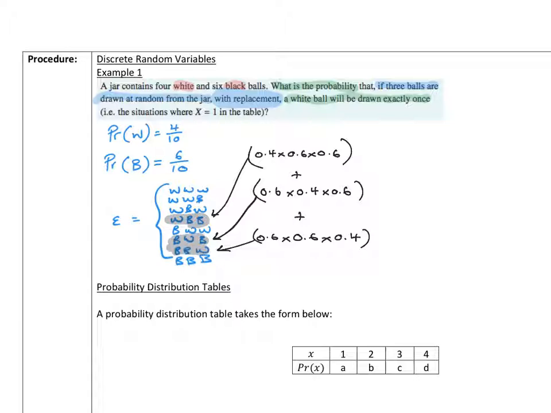Now if this were a non-calc, we could think of these as fractions. So if I highlight this here, 6 over 10 times 6 over 10 is 36 over 100, and 36 times 4 is the same as saying 30 times 4 plus 6 times 4, so we get 144. Now you notice that all of these are the same.